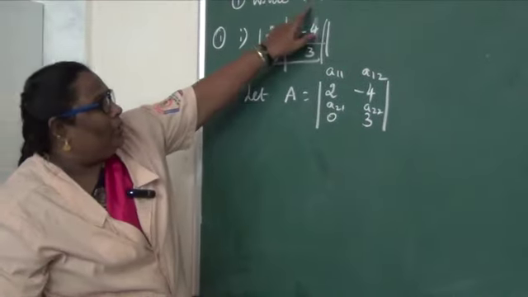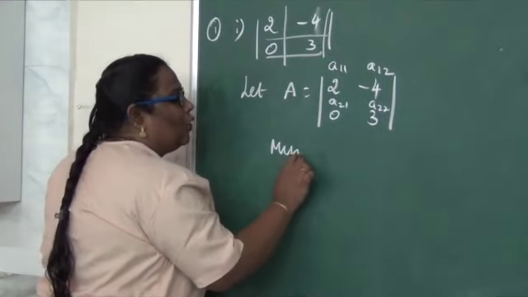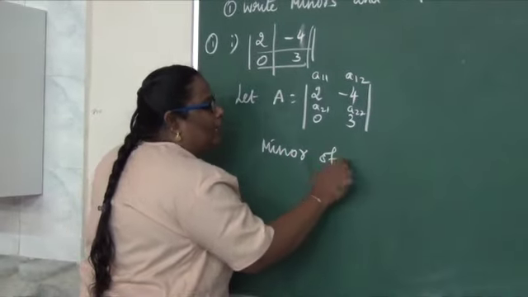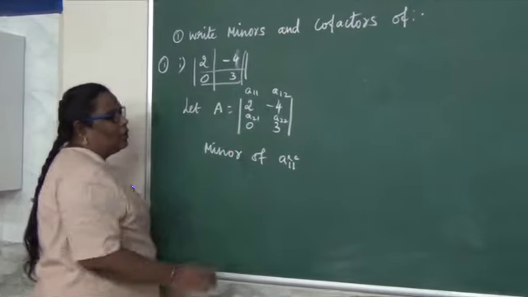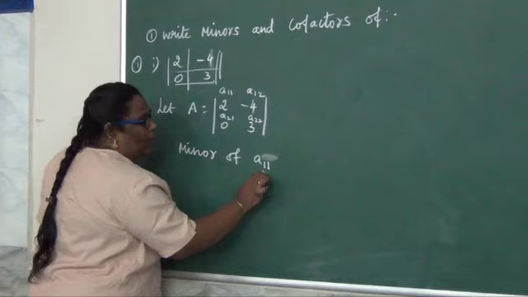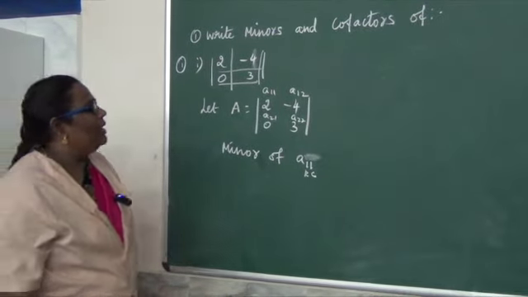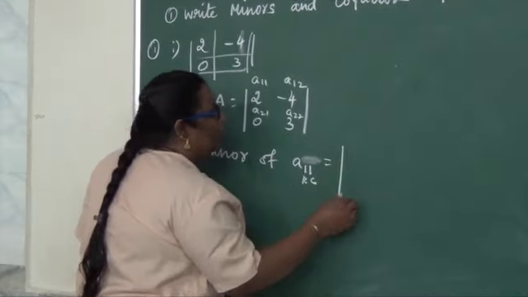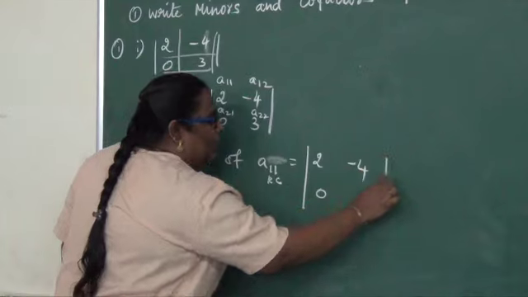Now we will find the minor of this determinant. First, the minor of A11, that is first row and first column. This is the row and this is the column.